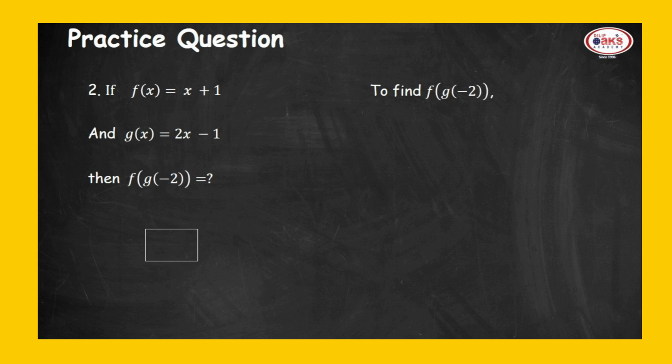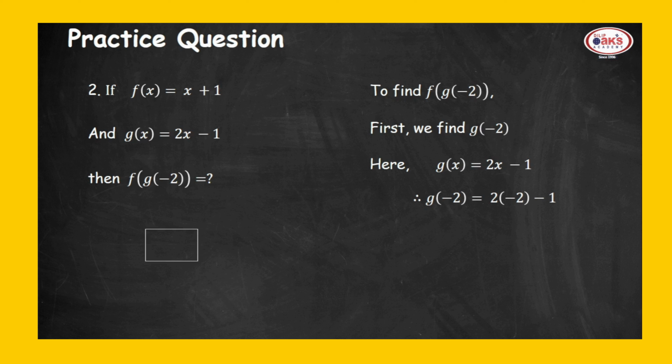So here, in order to find f of g of minus 2, first we will evaluate g of minus 2. Now since g of x is equal to 2x minus 1, g of minus 2 will be equal to 2 into minus 2 minus 1, which gives me minus 4 minus 1, and that is equal to minus 5.